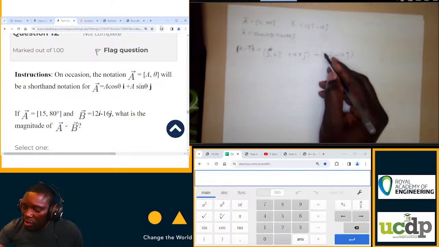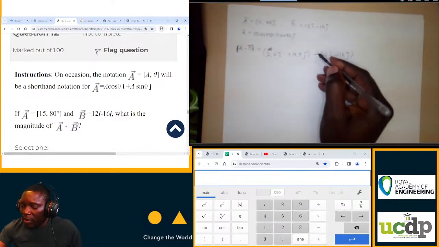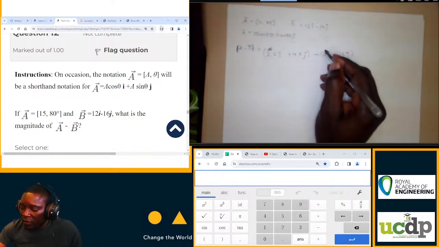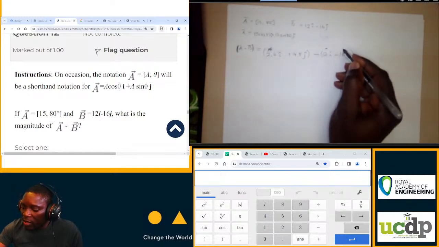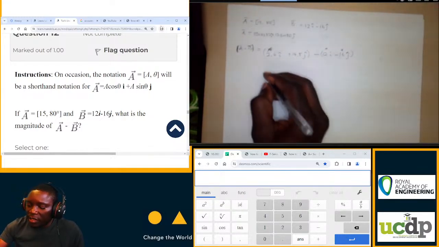So remember to put a bracket for the whole vector B so that the negative does not only affect the i component, but it affects both the i and j.